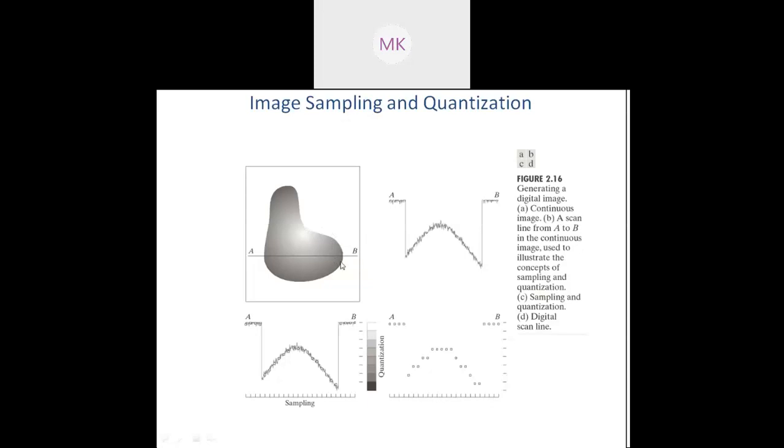To sample this function, we take equally spaced samples along the line A comma B. These samples are represented by these equally spaced points, and the squares represent the amplitude values. The amplitude values, which represent the intensity values, represent the quantization process. We are going to study sampling and quantization in detail.